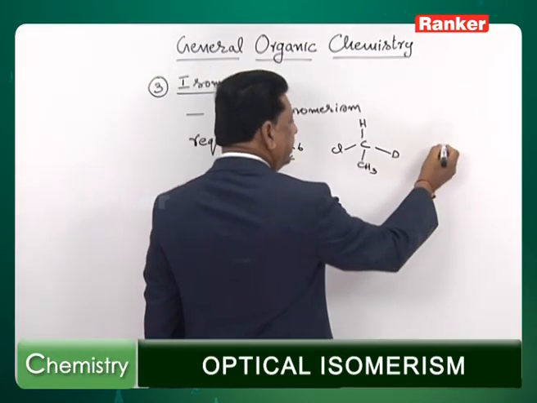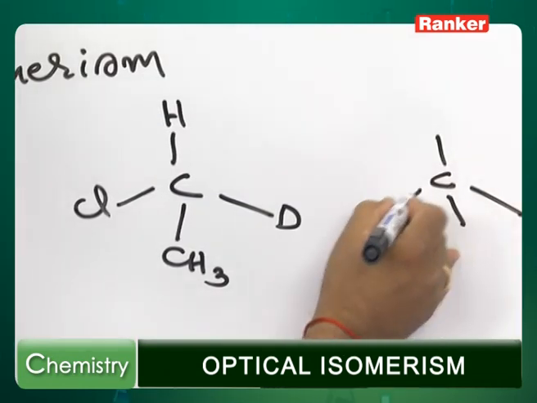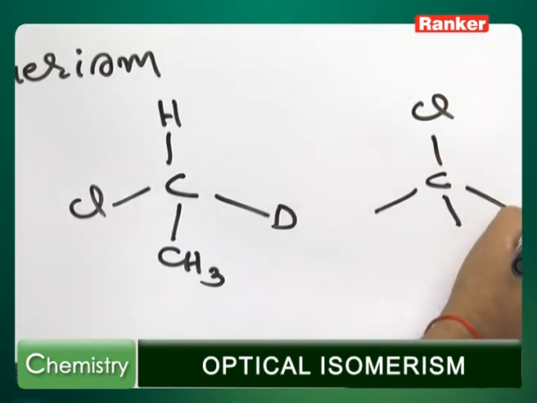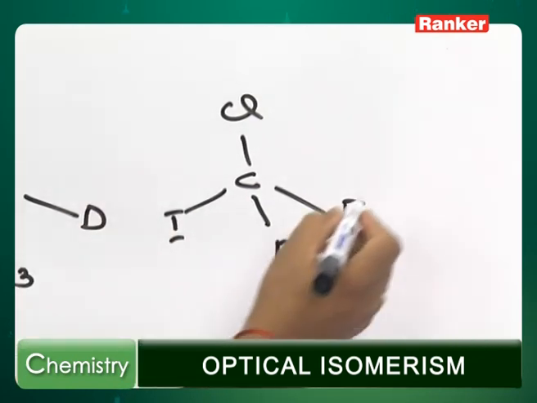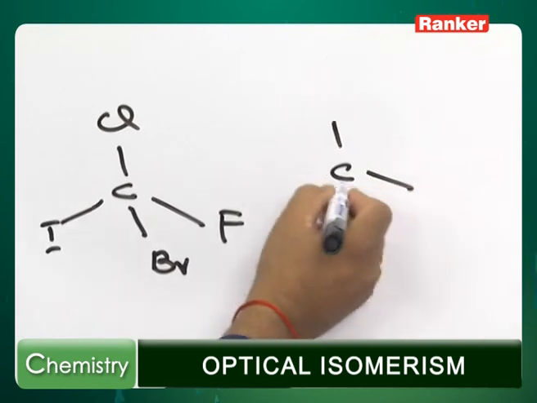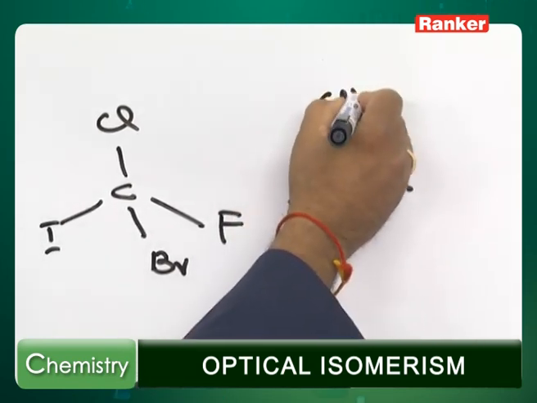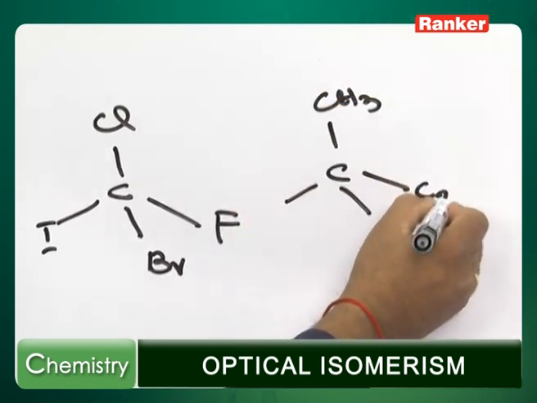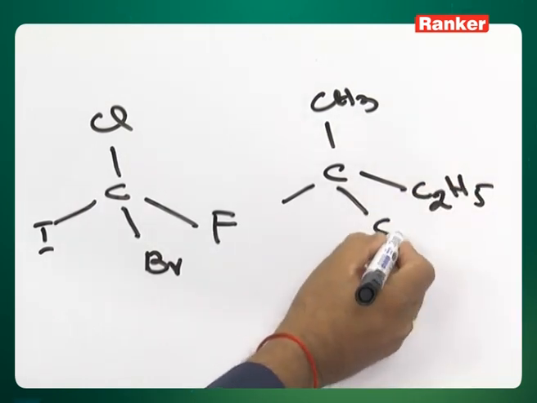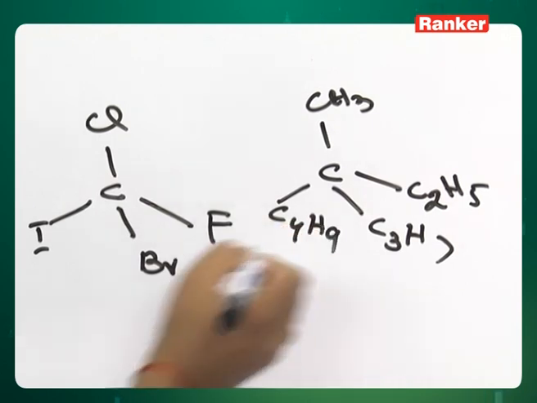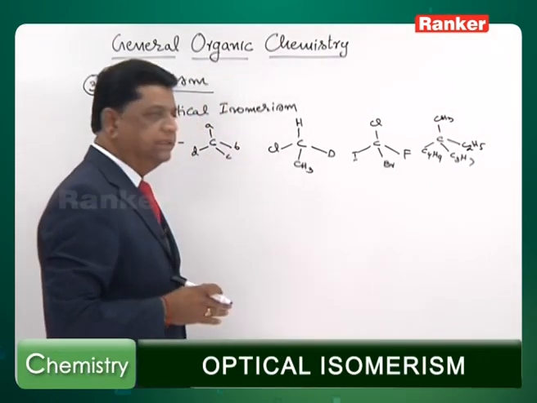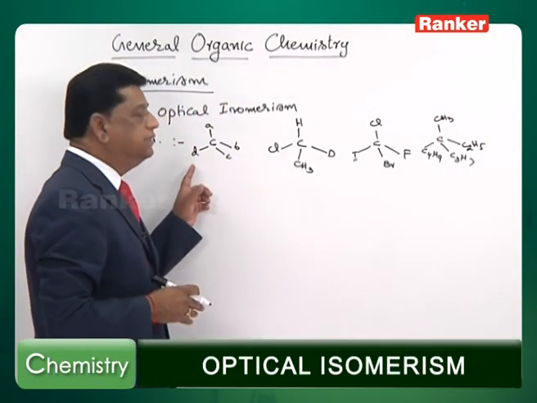Or you can have all 4 groups like chlorine, fluorine, bromine and iodine. Or a carbon with all different groups, like one methyl group, one C2H5 group, one C3H7 group, one C4H9. In all the cases, the compound is fulfilling this condition.